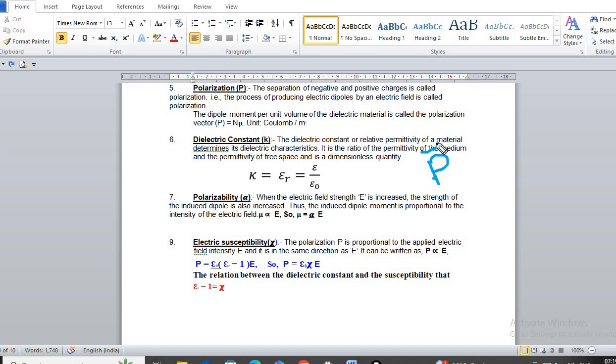The polarization is proportional to the applied field. Obviously the applied field forms the dipoles and the polarization. So they are proportional, and the proportionality constant is known as susceptibility.